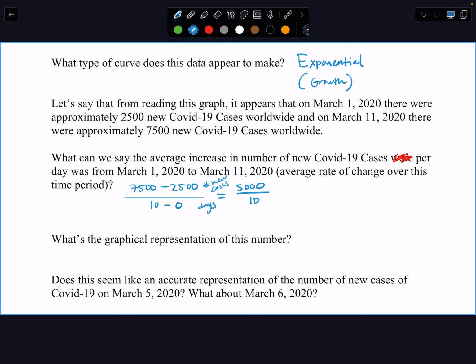So you could say there would be 5,000 new cases every 10 days. Or you could simplify that to be 500, which you can think of as 500 over 1, right? 500 new COVID-19 cases per day. Make sure you put units.